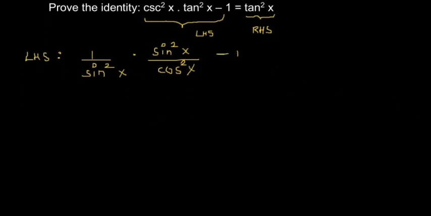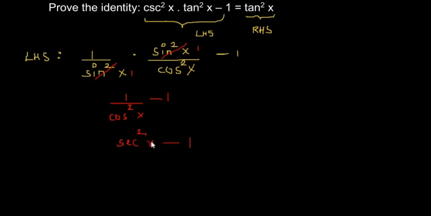Now, as we can see, the sine square x and the sine square x divide each other, and we are left with 1 over cos square x minus 1, and 1 over cos square x is a reciprocal of sec square x, so we can write it as sec square x minus 1.